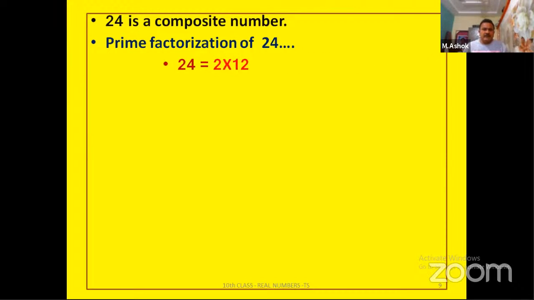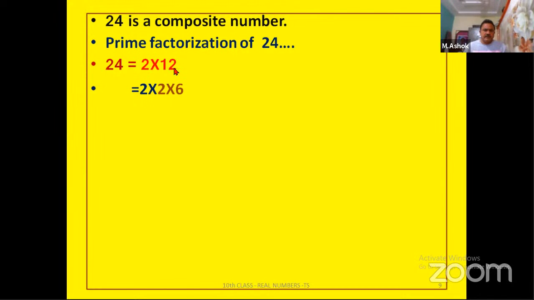Initially I am taking one pair of factors, that is 2 into 12. These two are the factors of 24. Again 12 can be written as 2 into 6, because 12 is not a prime number. In the prime factorization you can see only primes.